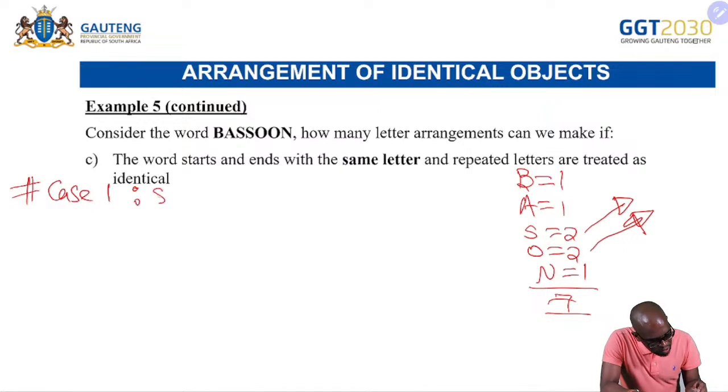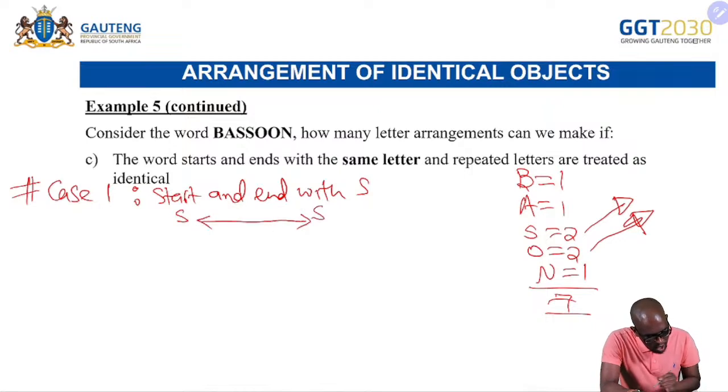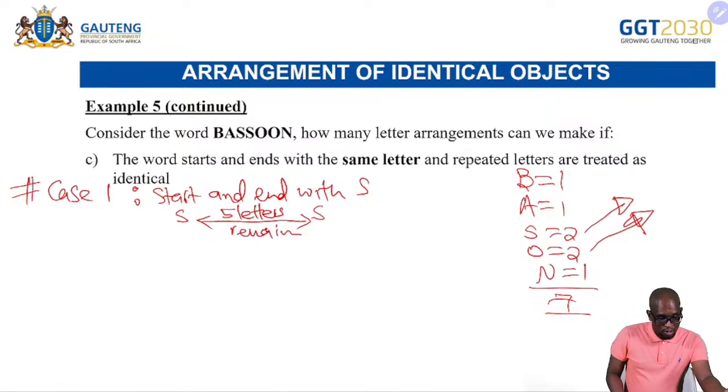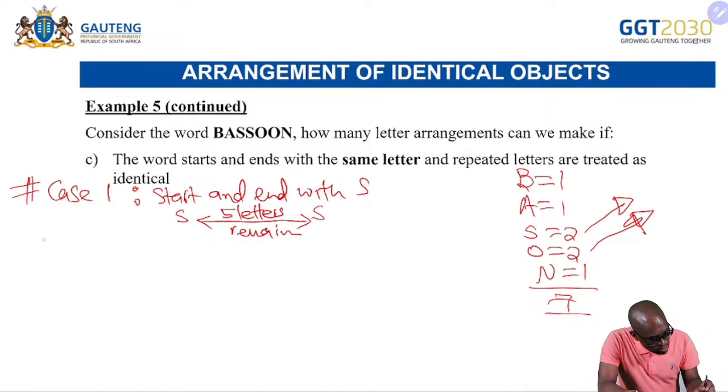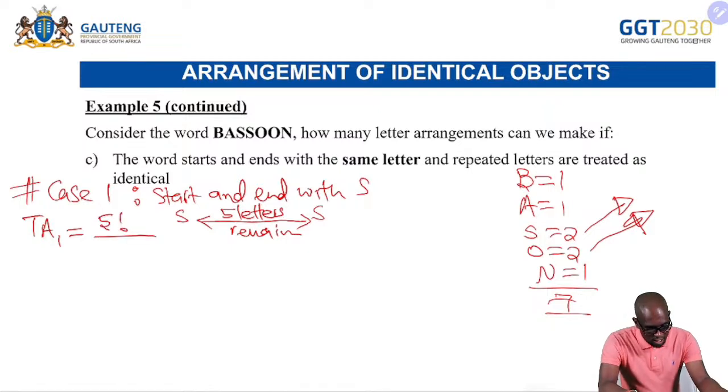Case 1, we start and end with S. If we start and end with S, then we're going to have S at the beginning, S at the end, and then in between, how many letters do we have? We will have 5 letters that remain. So the total arrangement for case 1 would be 5 factorial because we have 5 remaining letters.